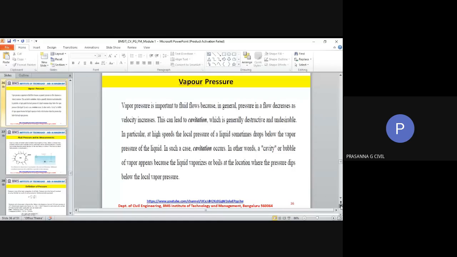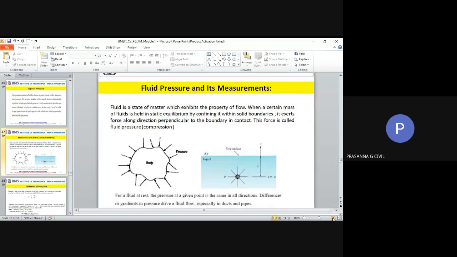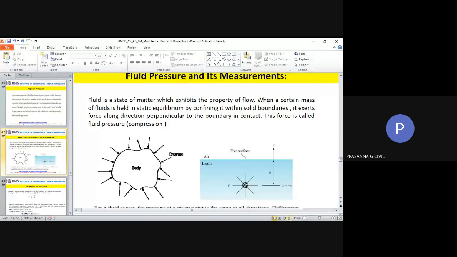So we go to the next portion of our syllabus. That's with relation to pressure. Vapor pressure and cavitation we looked at. Now, this is the portion that we need to look at: fluid pressure and its measurement.